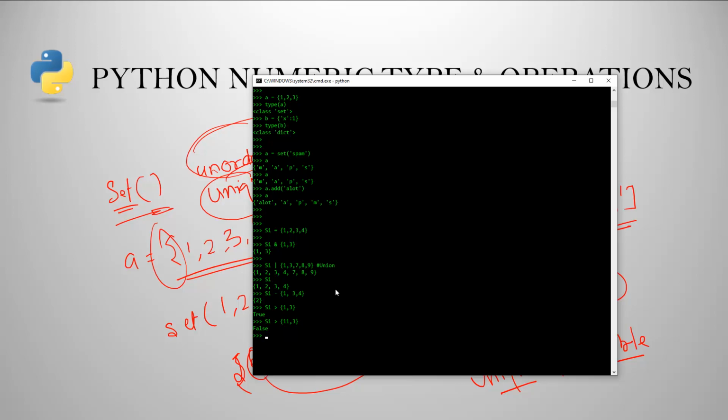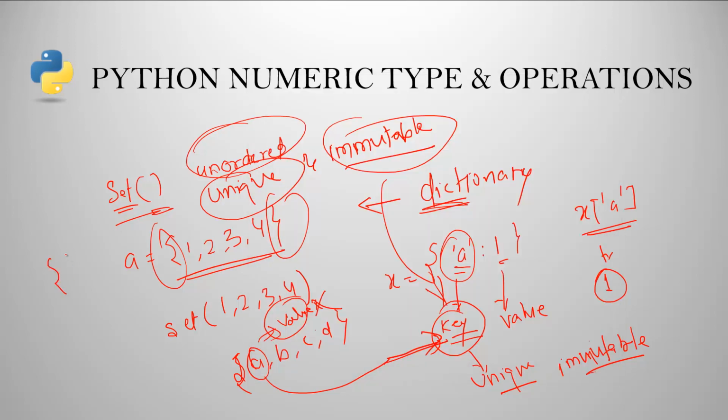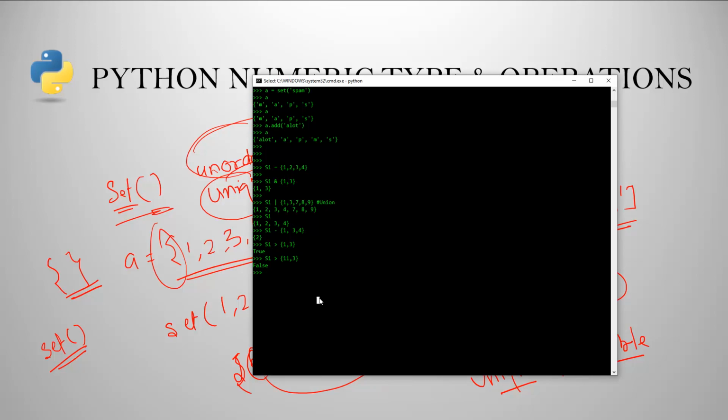Note that these curly braces are still a dictionary in Python, and to create an empty set you have to use the built-in set function. For example, let's clear this up first to remove the confusion.